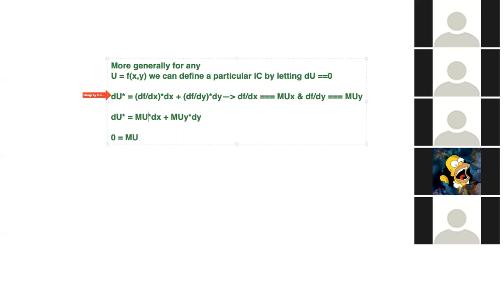Well, let me do a little bit better with my notation. 0 equals mux times dx plus muy times dy. Okay. And now things are starting to look interesting, because I'll make the following observation, and that is that, do you remember the definition of slope?